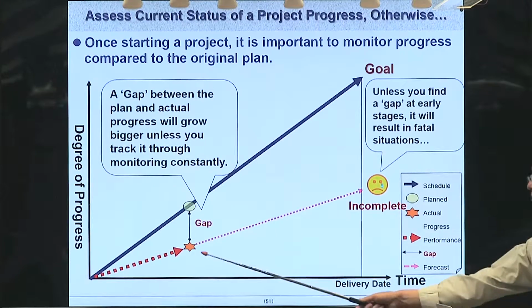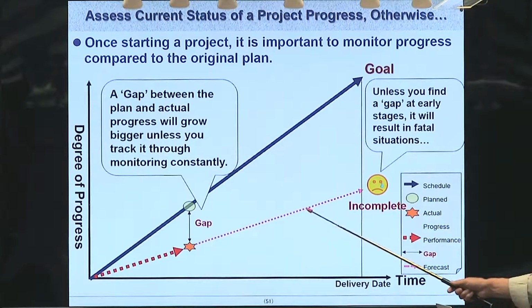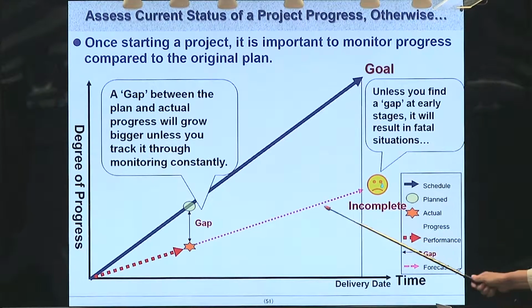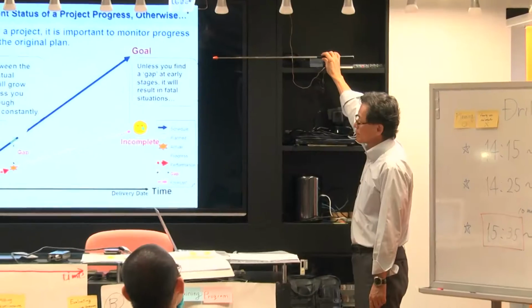If we continue this gap, leave it gap, you cannot complete your project on time. Look, if you extend time to be this level, it requires double time. This level is 100% complete.